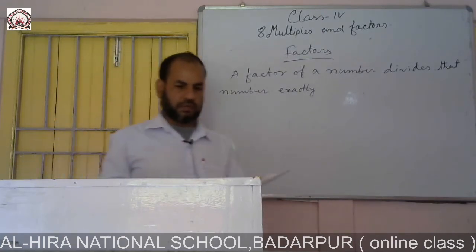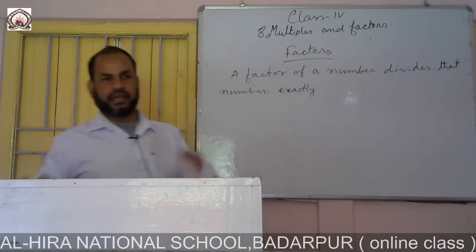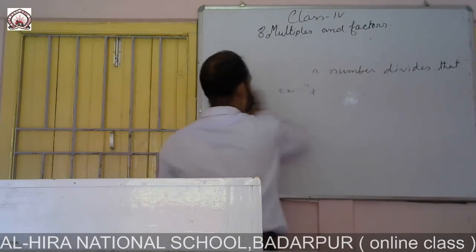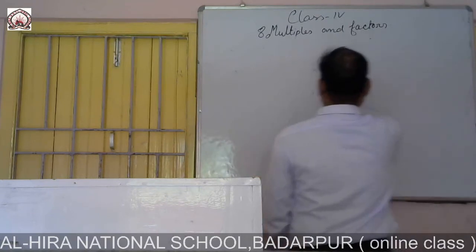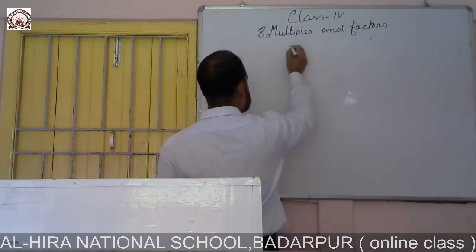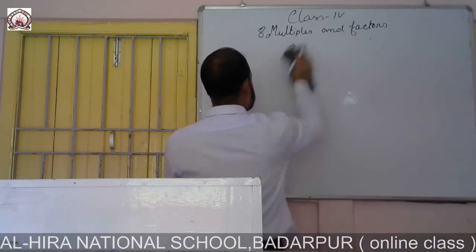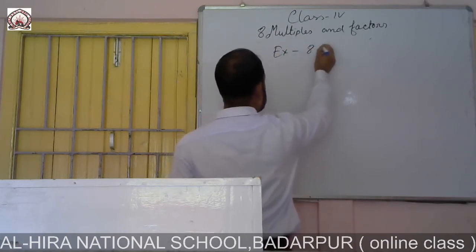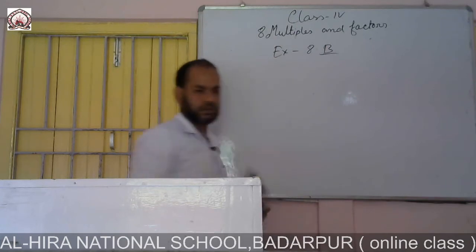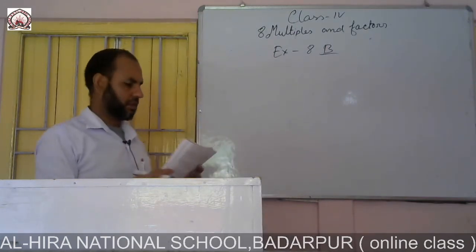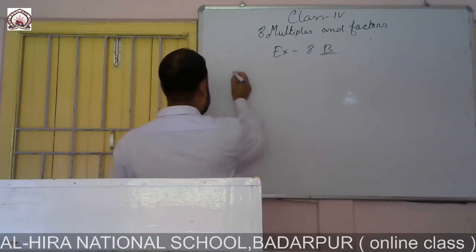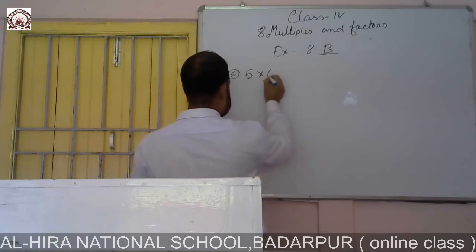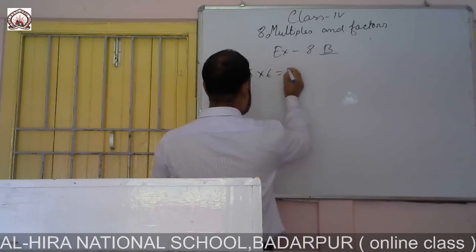So next we solve Exercise 8B. Question number A. 5 into 6 equal to 30.